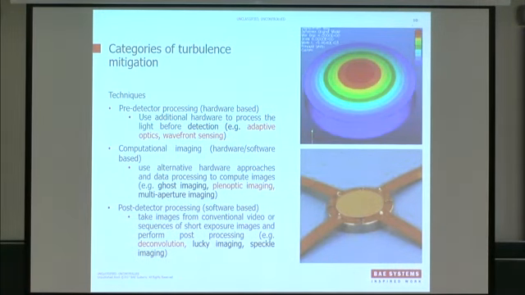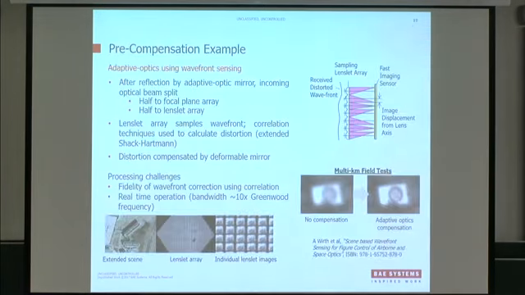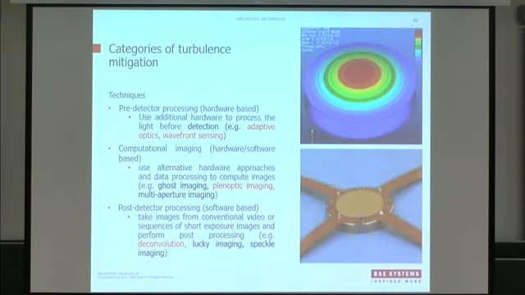We're going to talk about 3 types of turbulence mitigation. Pre-detector processing is related to correcting the wavefront due to the turbulence before it goes through the objective lens. The image here is a BAE Systems Labs deformable mirror. I think this one's particularly a zonal mirror, so as you deform it, it gives a profile like this, but you can get ones that are higher order profiles and more complex shapes.